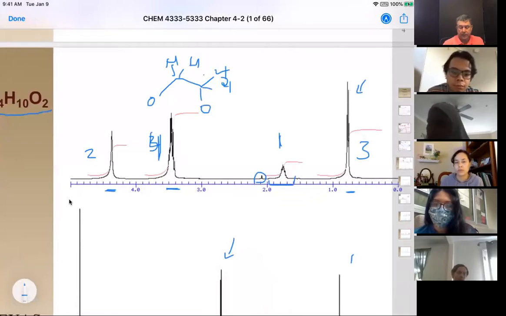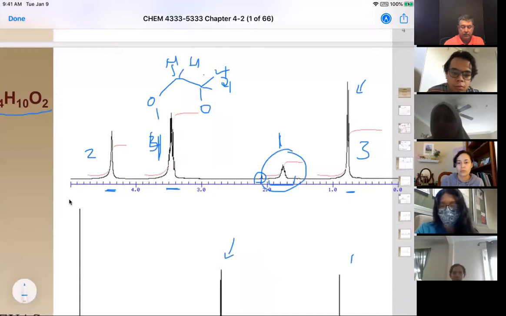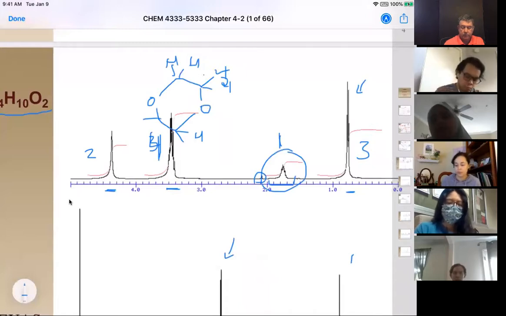Okay. And then this is telling us we have something that's maybe not nearby, like something that's off here. So we have 1 hydrogen, and then a methyl group.